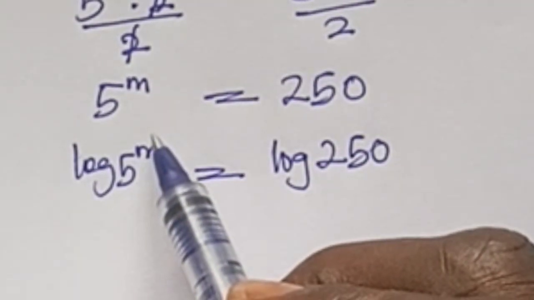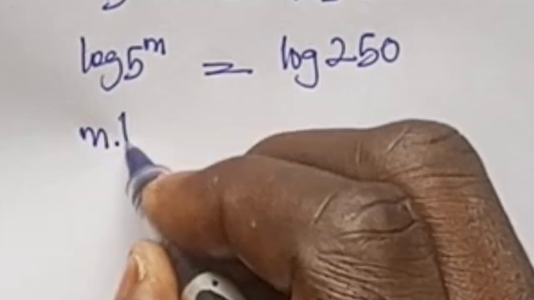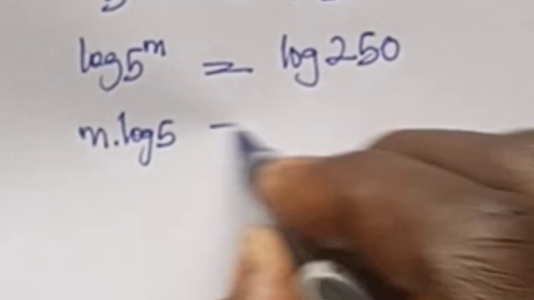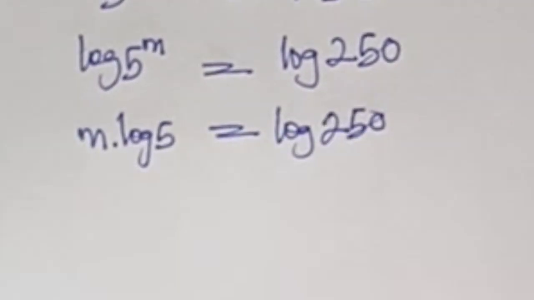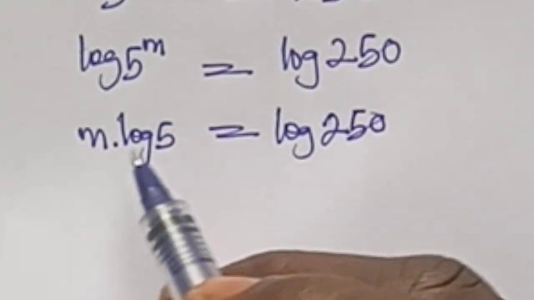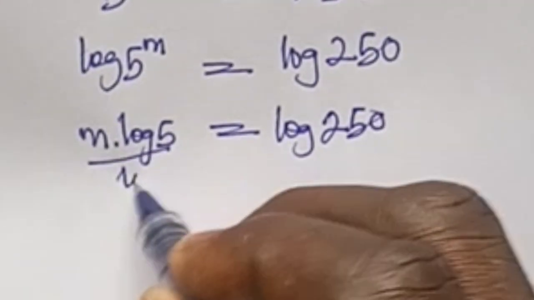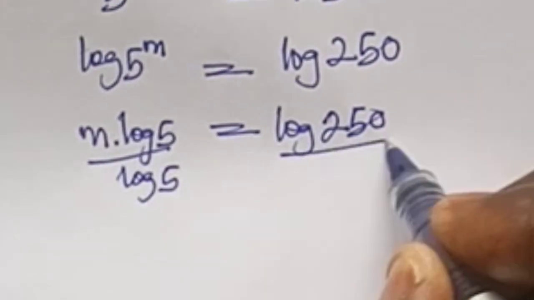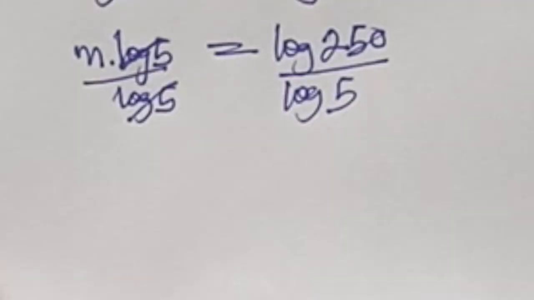This m is the power, so we're going to bring it down to multiply the log of the base, that is m times log 5 equals log 250. So let's divide both sides by the coefficient of m, which is log 5, that is m times log 5 over log 5, and log 250 all over log 5. Log 5 will cancel log 5, that will be 1.